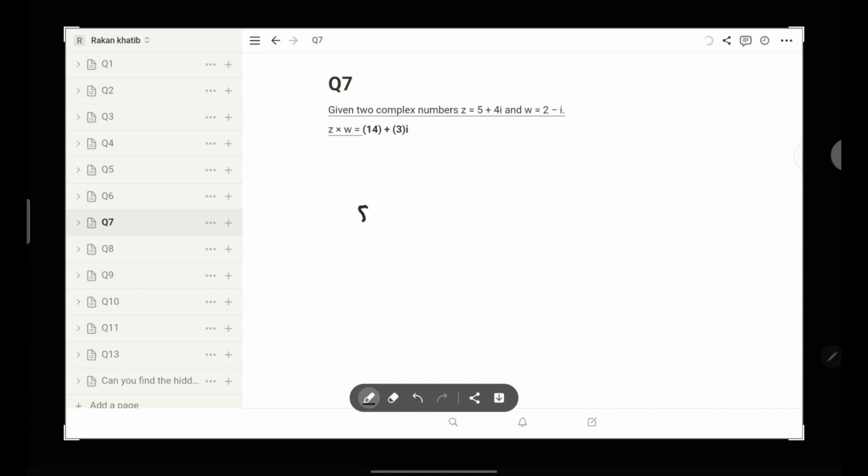Okay, so here the total z is 5 plus 4i, and they told us that w is 2 minus i.